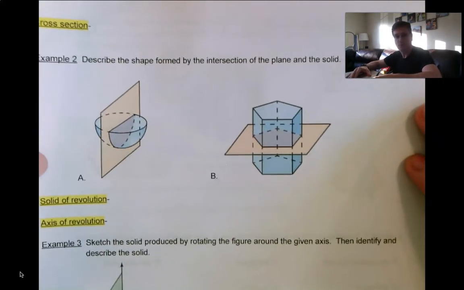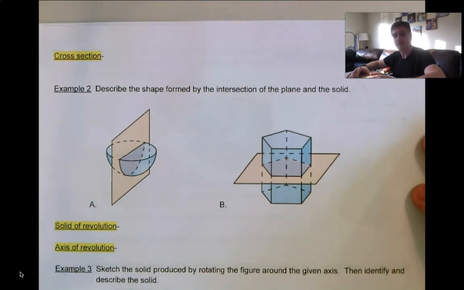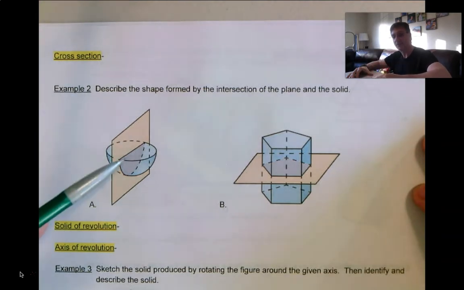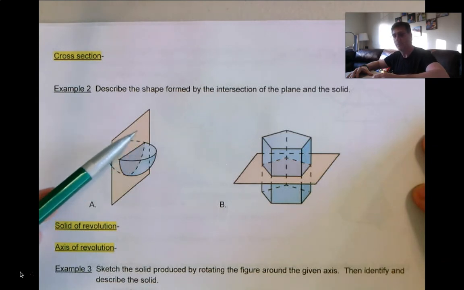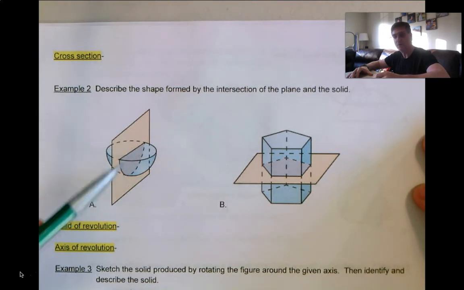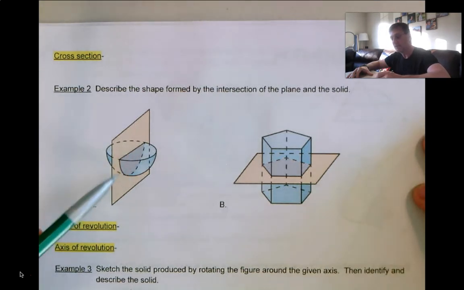Example 2. So we're going to look at these cross sections and see if we can describe what shape they are. So a cross section is formed by taking a solid and taking a plane and cutting through that solid. So if you imagine there were paint on the plane and it was painting the part of the solid that it touches as it cuts through the solid, you can see how this shape is what's being painted out of this hemisphere.